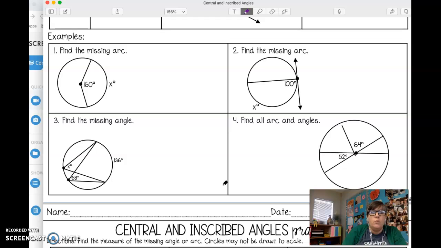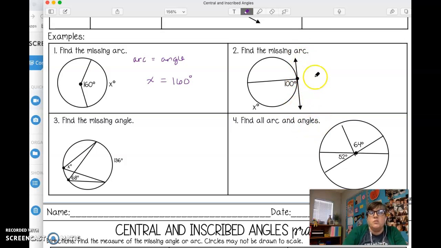For example number 1, this is a central angle because the vertex of that angle is in the center of the circle. So for a central angle, remember that the arc is equal to the angle. So if the angle is 160 degrees, the arc is also going to be 160 degrees. Example 2, this is an inscribed angle because the vertex is on the circle. And again, it's one where we have a chord and a tangent line.